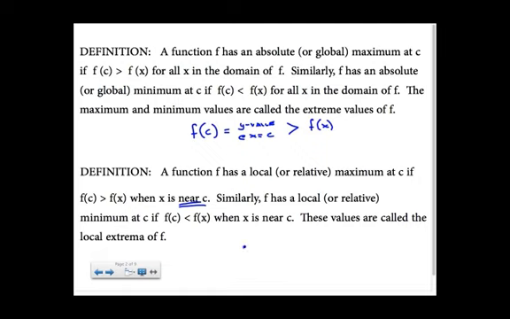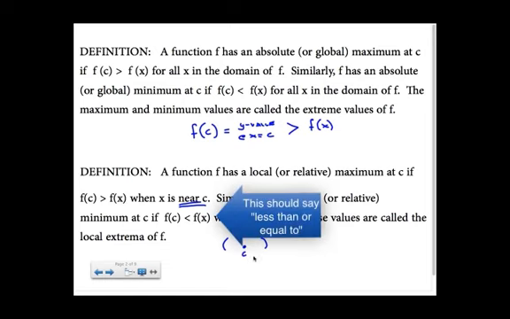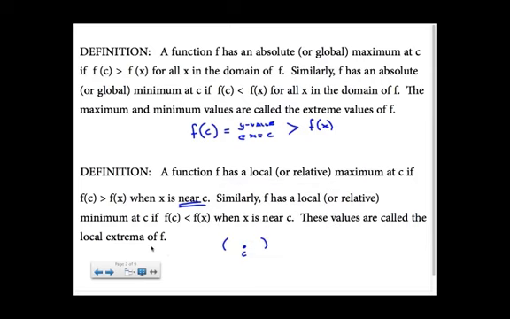Near means on both sides of. So if this is c, and we consider a neighborhood of c, which means both sides of c, we're talking about the y value here being bigger than all other y values around it. It'll make sense when you start to look at pictures. Those values are called local extrema, or local maxes and local mins.